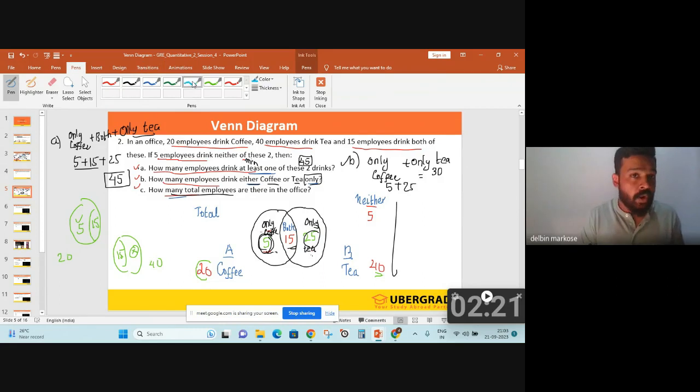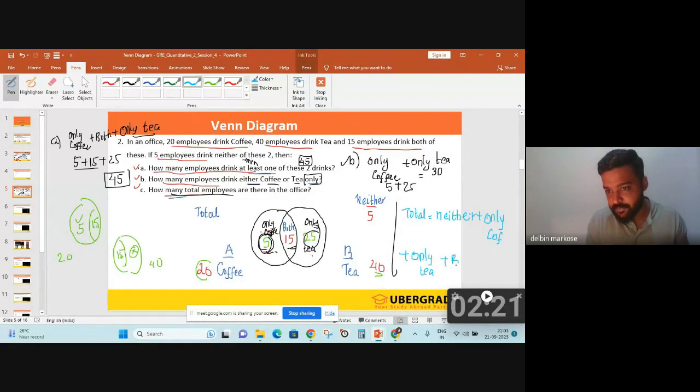Now, what about how many total employees are in the office? You know that we always get 4 categories, right? If I want to find the total number, you can consider the neither category, then only coffee drinkers, then only tea drinkers, then both. These are the 4 categories. You can use the formula we discussed: Total is equal to A plus B minus both plus neither. This is fine, but when you use this one, make sure that A means total number.